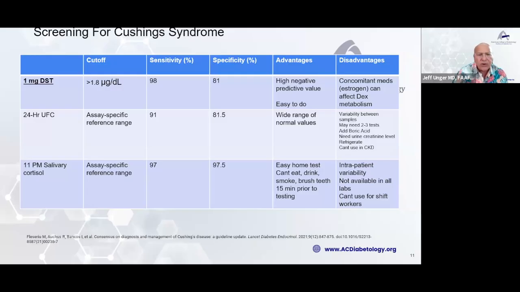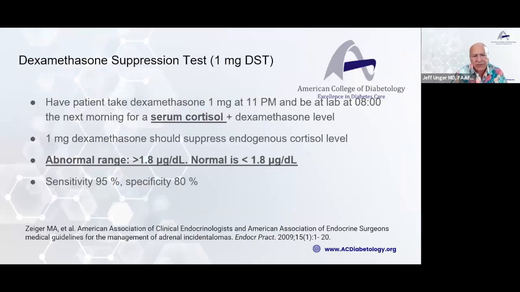But the screening method of choice is dexamethasone. Dexamethasone is a very potent steroid. It is taken at 11 o'clock at night, the night before you're going to do an AM cortisol. It's so potent that when I give it to somebody at 11 o'clock at night, it's going to knock down their endogenous cortisol level to close to zero the next day.